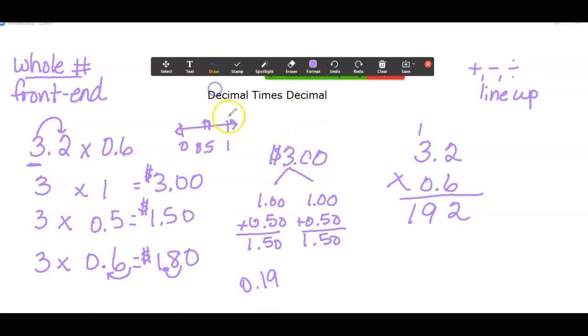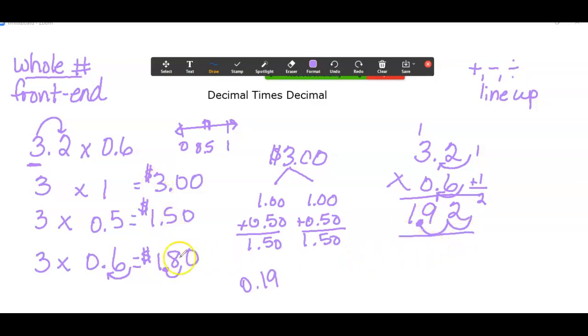And so now let's count over. In this factor, we go over one place. In this factor, we go over one place. Well, 1 plus 1 is 2. So I start here on the right and I go over 2 places. So I'm saying the answer is $1.92.